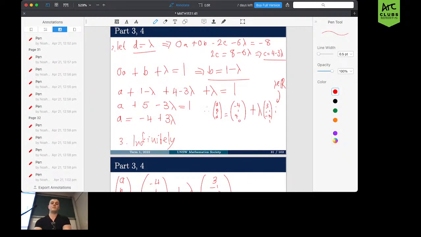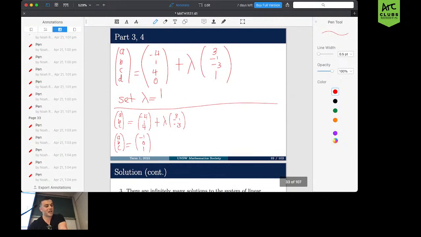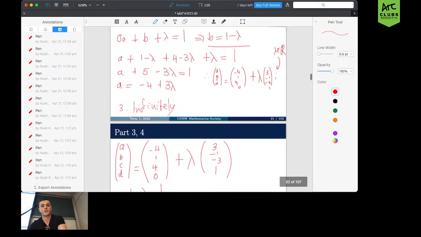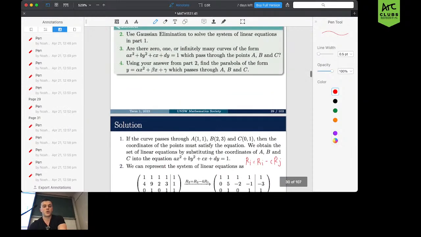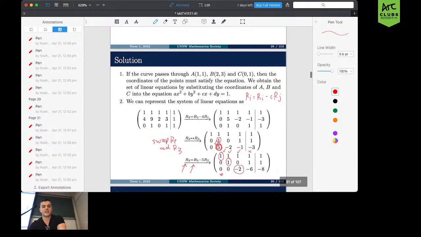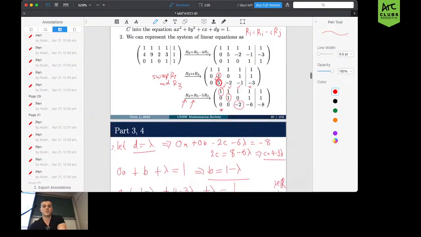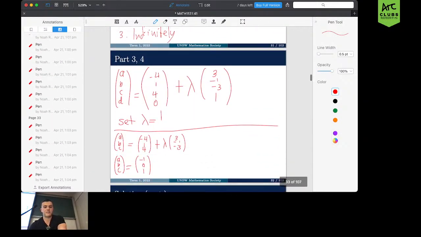But what you essentially get is your curve then becomes of the form A times x squared plus b times y squared plus c times x plus d times y. So what we're going to get is the curve.